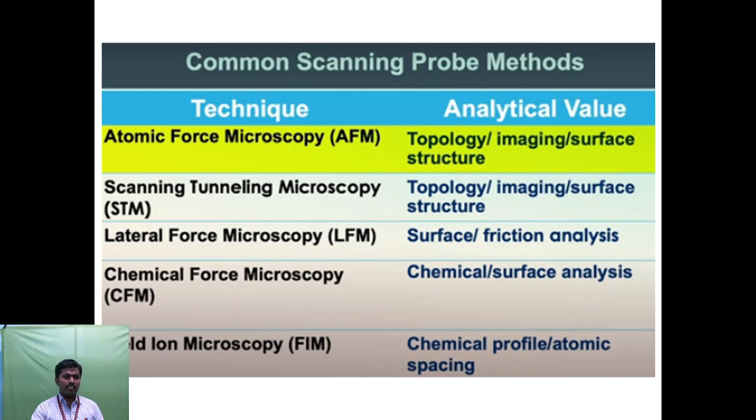Common scanning probe methods are AFM, atomic force microscopy, used to analyze imaging, surface structure, and topology; scanning tunneling microscopy, for topology, imaging, and surface structure; lateral force microscopy, LFM, to study surface friction; chemical force microscopy, for chemical surface analysis; and field ion microscopy, used to study chemical profile and atomic spacing.